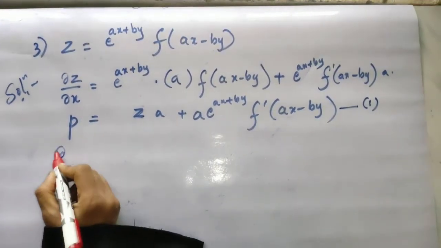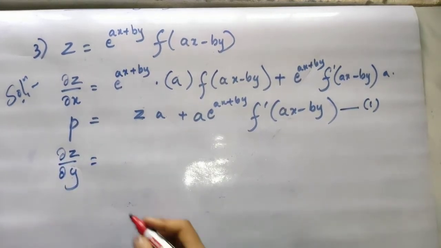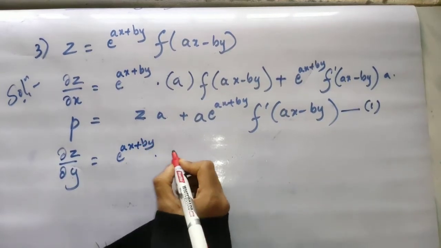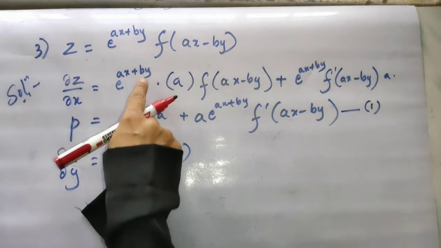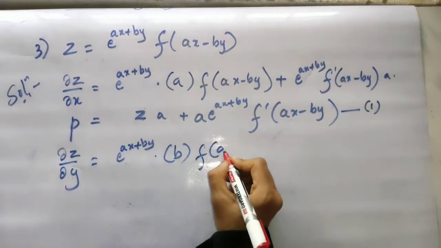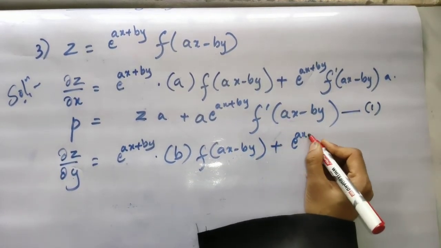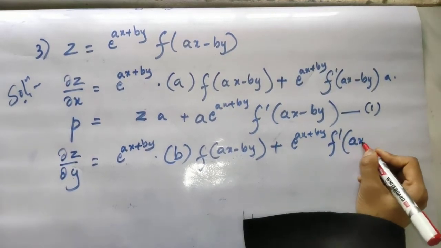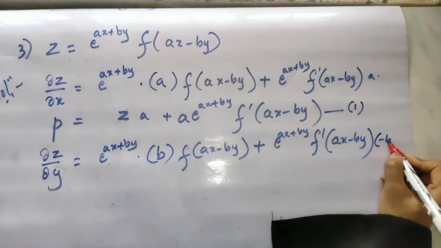Now similarly let us work for ∂z/∂y. You have to again use the u into v rule here. So first the derivative of the exponential function into b you get this time, because the derivative of this thing with respect to y will be b. The derivative of this with respect to y is 0. f of ax minus by as it is, plus e to power ax plus by as it is, into the derivative of f, which is f dash of ax minus by, into the derivative of the bracket, which is minus b this time.